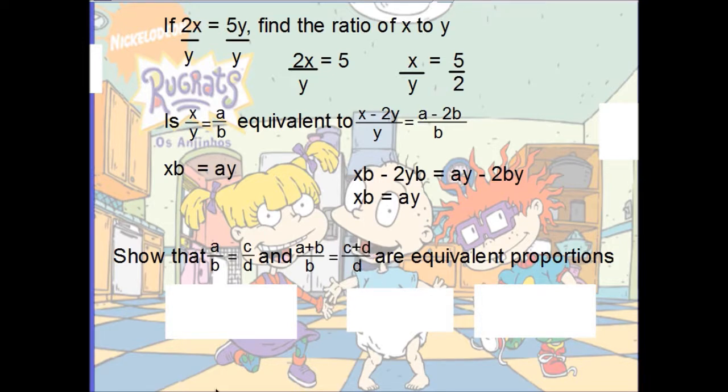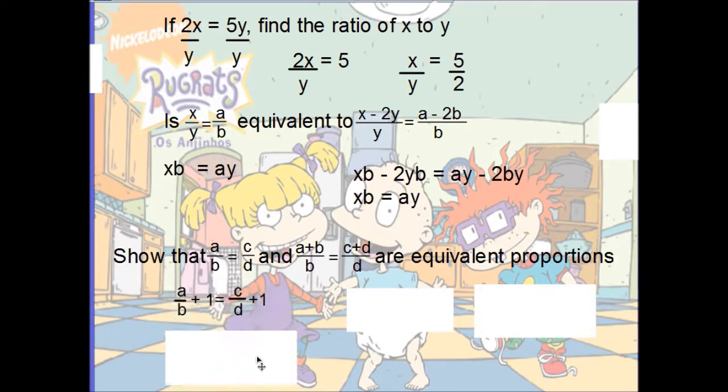Well, this is going to be slightly more complex, so let's see what's going to happen here. First thing that I'm going to do is look at that first proportion, and I'm going to add the exact same thing to both sides. So think about it. If we had 5 equals 5, something that's equivalent, and we added 1 to both sides, we'd end up with 6 equals 6, something that is the exact same thing.